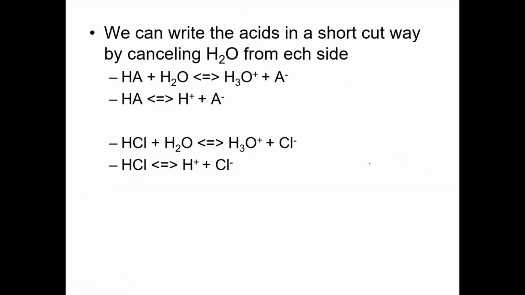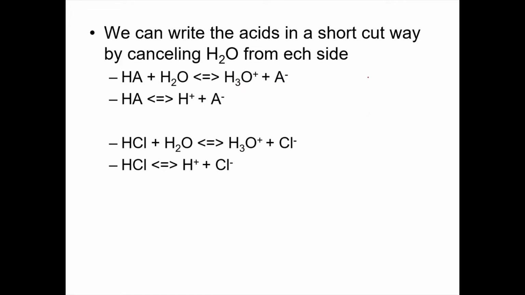Now, so we don't have to write that all the time, we can cancel stuff out. Instead of having to write that the acid reacts with water to form hydronium and the conjugate base, we can just cancel water out on both sides.